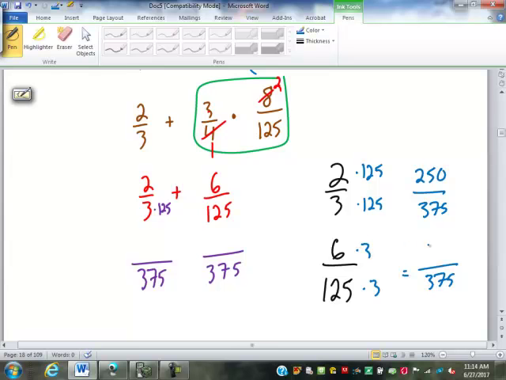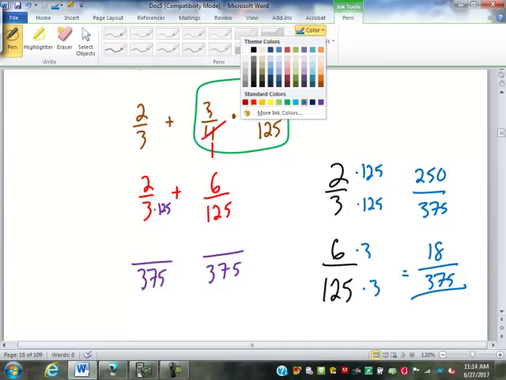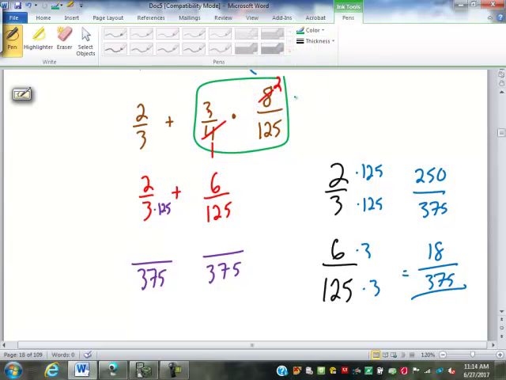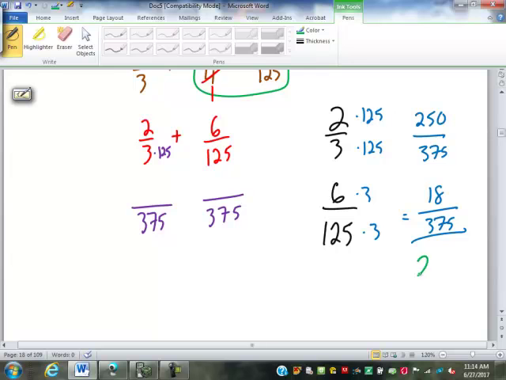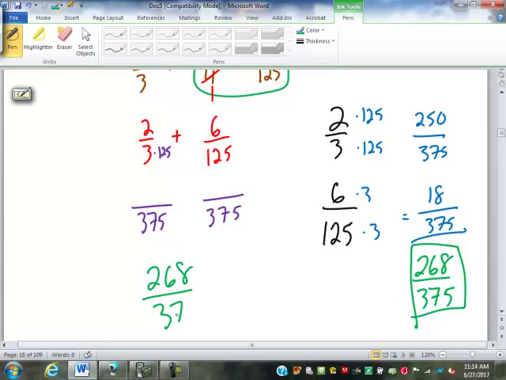So 6 times 3 is 18. 250 plus 18 is 268 over 375. That cannot be reduced. So the answer would be 268 over 375. It might not get quite that ugly on a test.